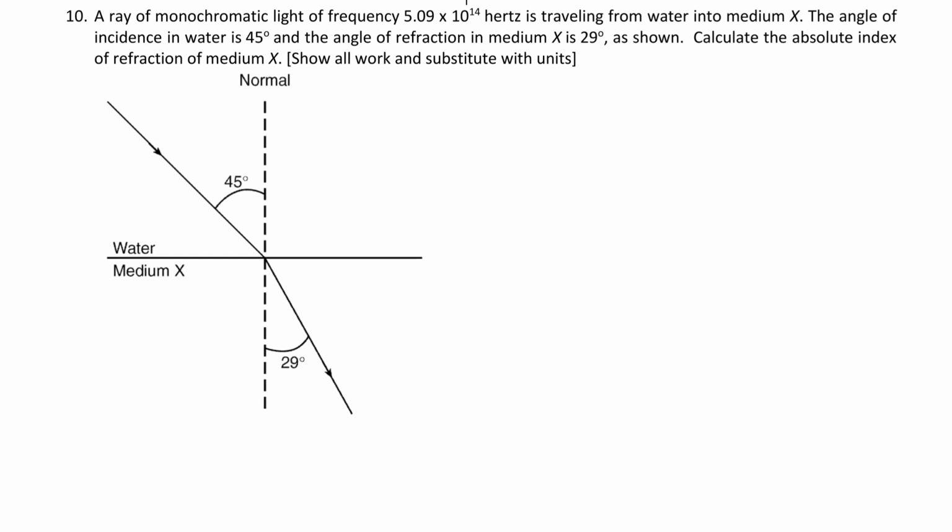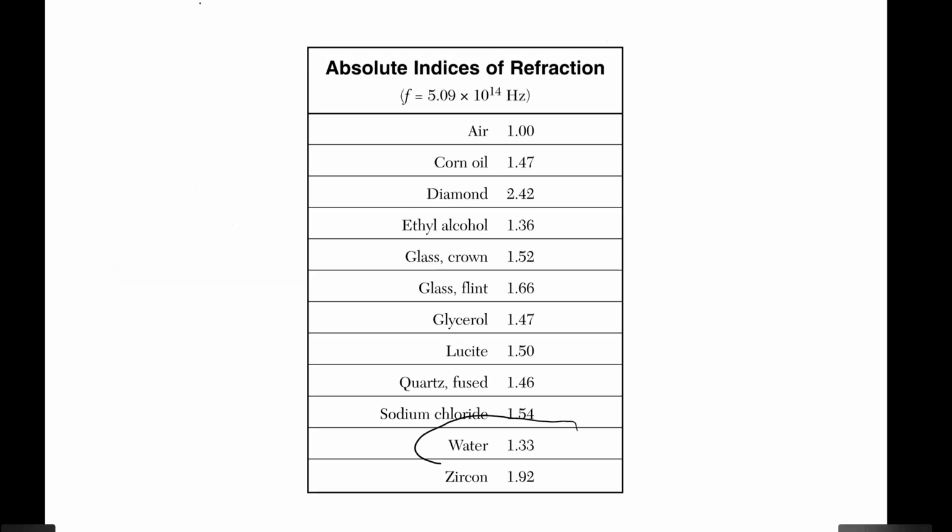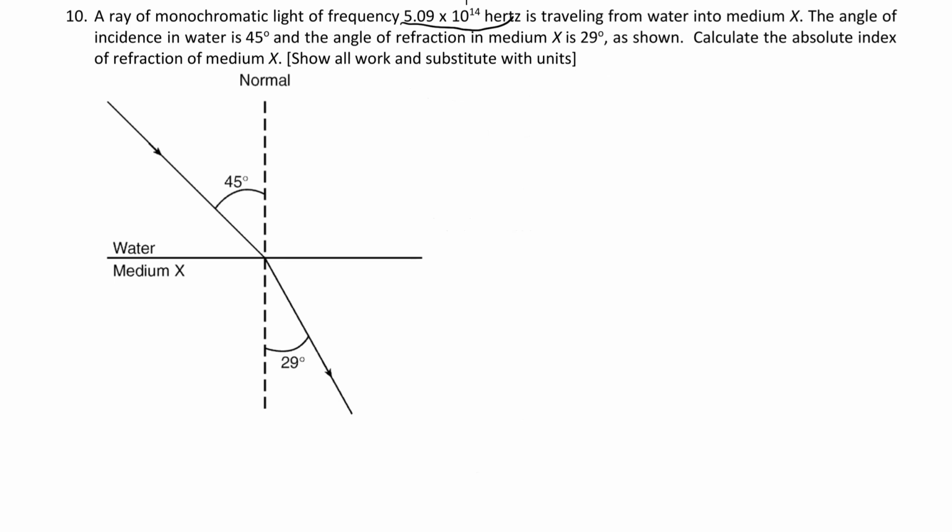That's a hint that we're probably going to have to look at the indices of refraction in our reference table, page 2. It's traveling from water, which if you look in the reference table, has an index of refraction of 1.33. So there's some hidden information there, that number 1.33. We could write that right here.